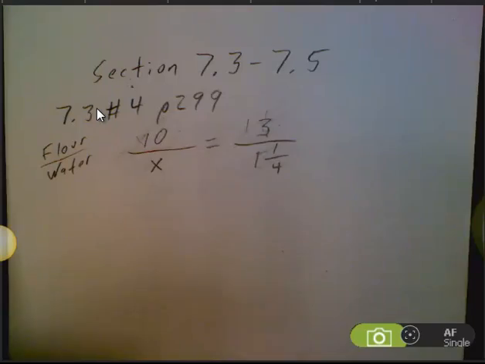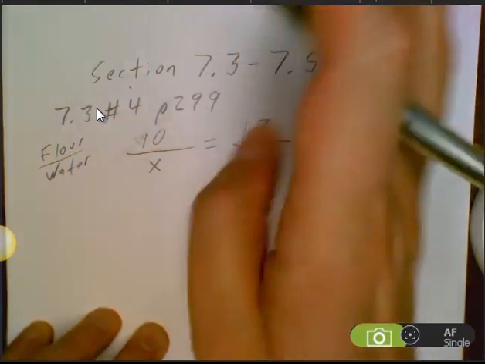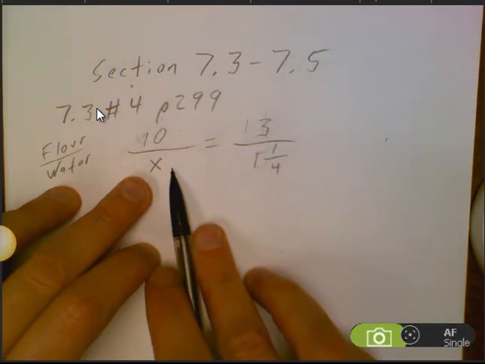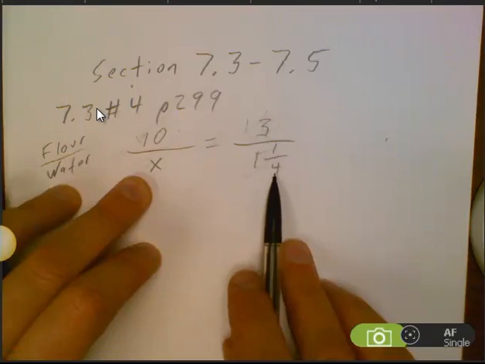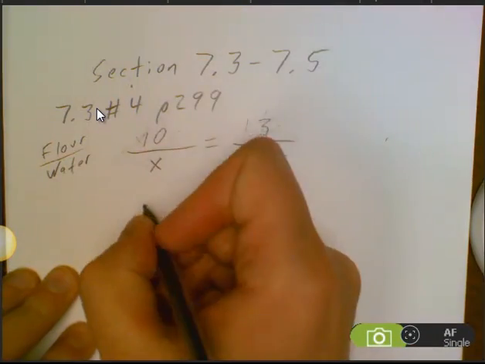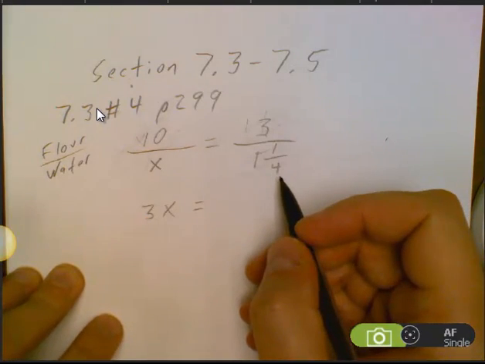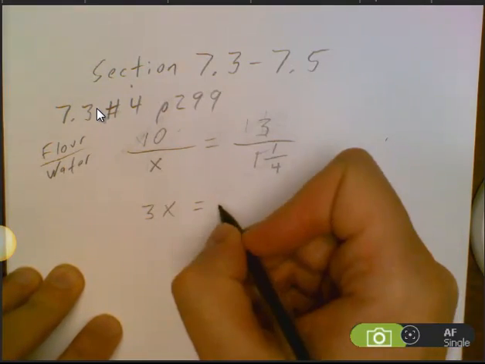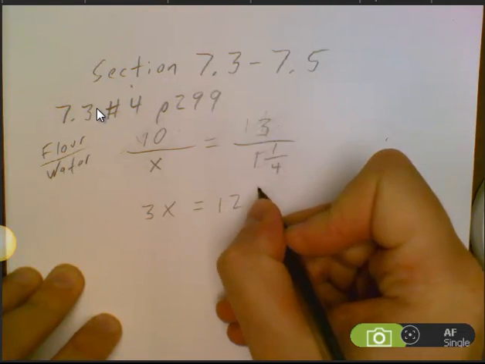Okay, and then we can solve this, and we've seen the easy way. If we multiply both sides by x and both sides by 1 1/4, then in essence we do what's called cross multiplying. So we get 3x equals 10 times 1 1/4, which is 12 and a half.